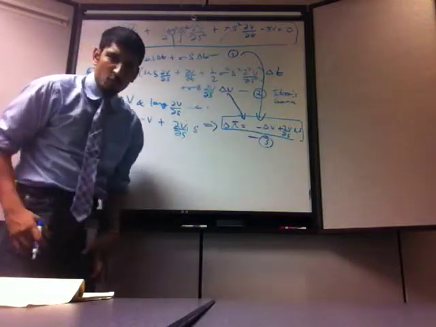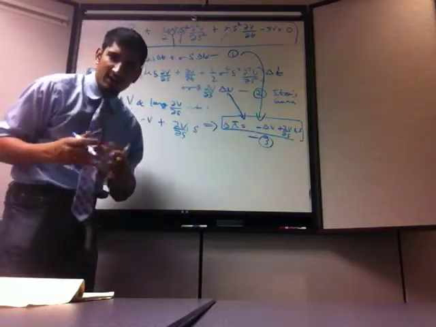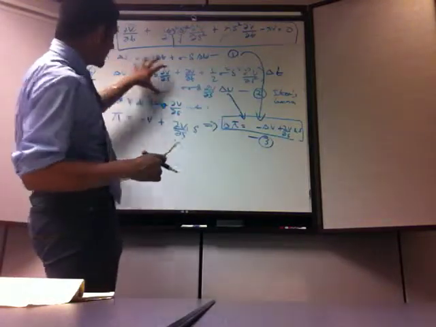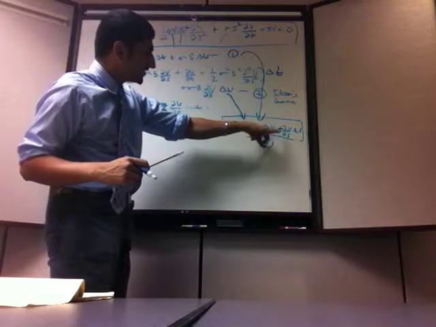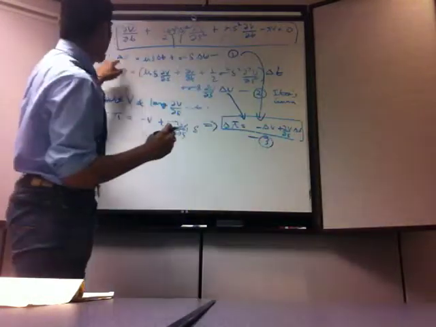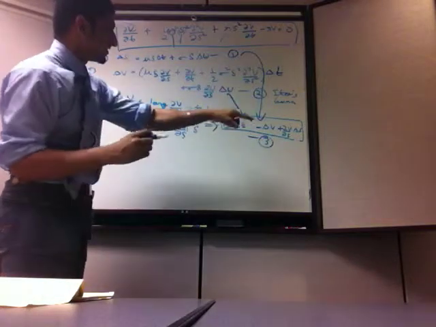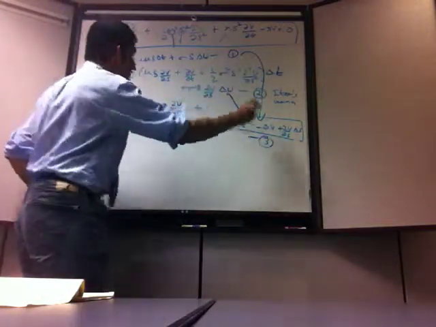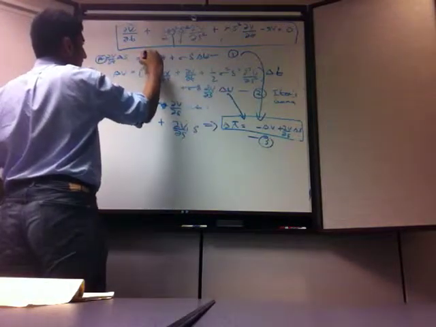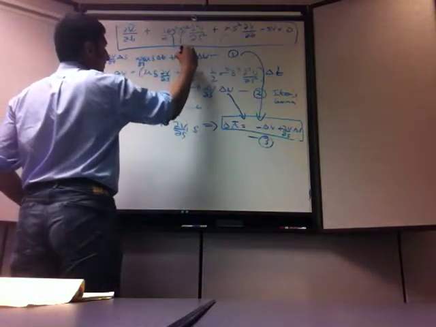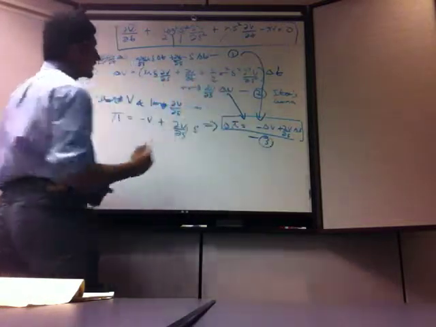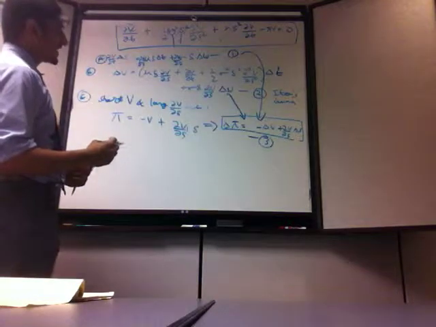I can do this on the board, but it'll get messy, so let's try to do it in our head. It's actually not that hard. So delta pi is equal to the negative of this plus dV by dS times delta S. So let's multiply this by dV by dS, and we have all negative signs on here.